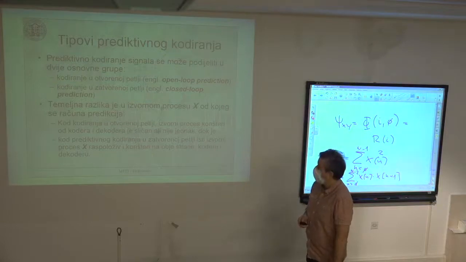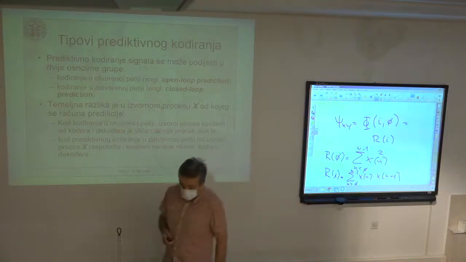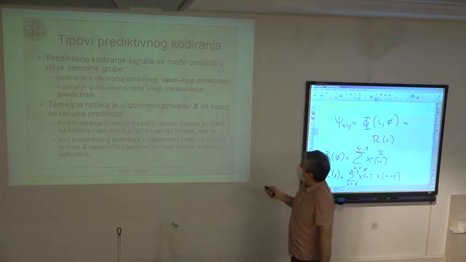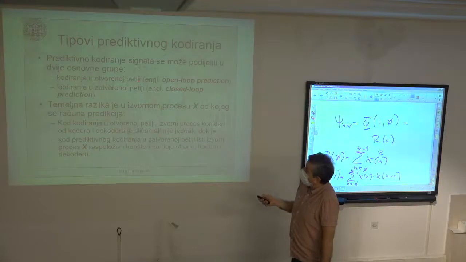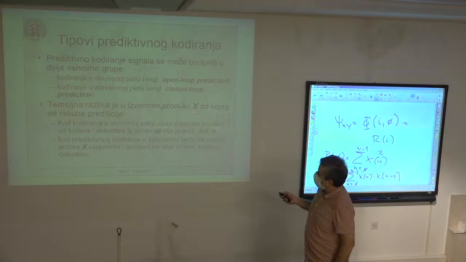And the main difference is what is the source that is used to compute the prediction. So what is the process X that is used to compute the prediction? In the open loop case, it is the original process. So for the first approach, open loop coding, or coding using open loop prediction, the source for the prediction computation is the original process.